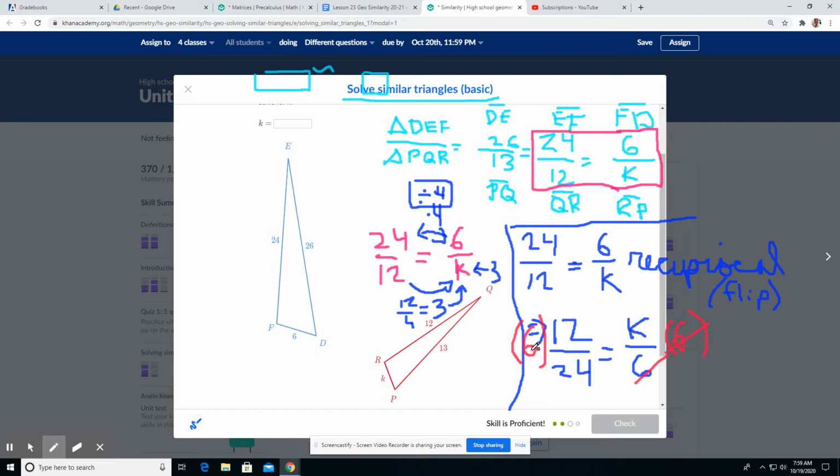And 6 goes into 24 4 times. So that turns into a 4 on the bottom. So now I have 12 over 4 equals K. And what's 4 into 12? That's our 3 again. Same answer. So K is 3.